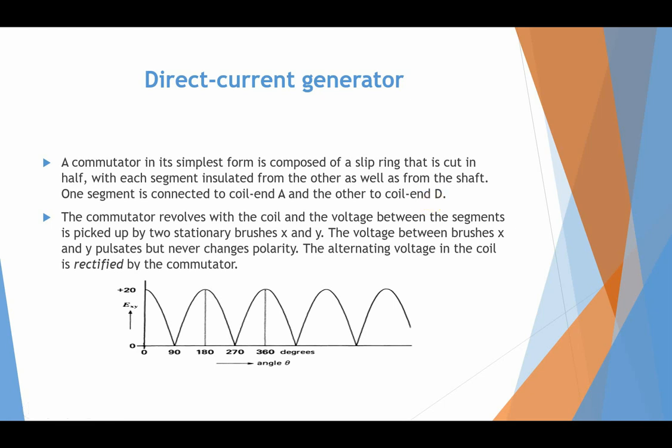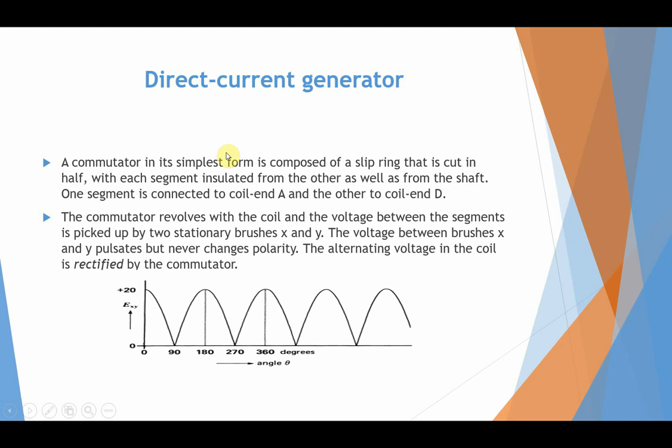We started the DC generator and studied that alternating voltage is produced in the coil. So how do we convert the AC voltage to DC voltage? We use a commutator.